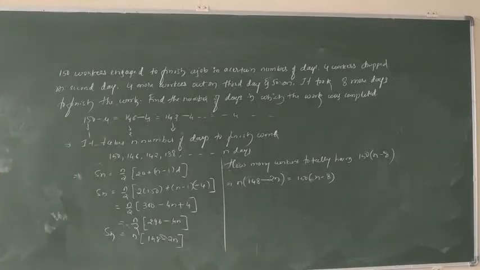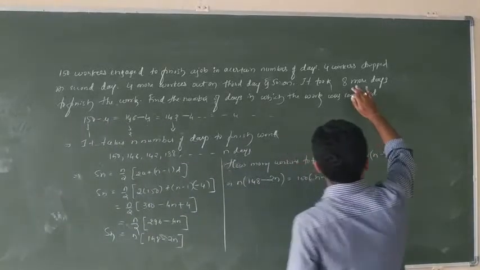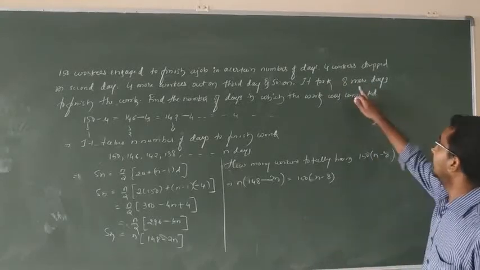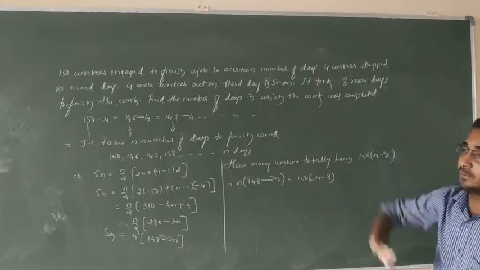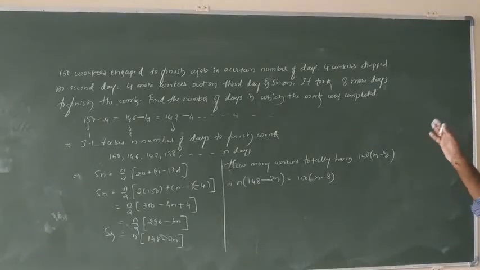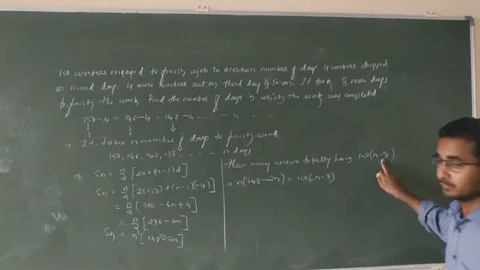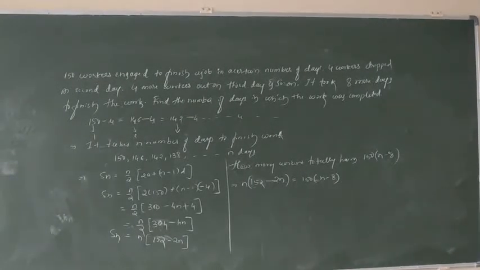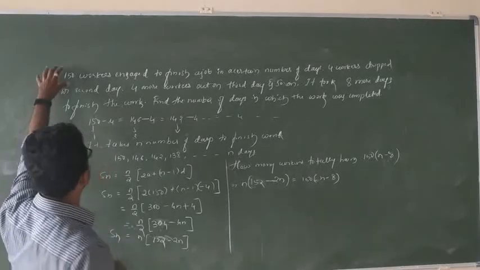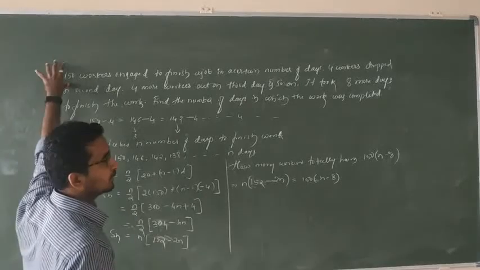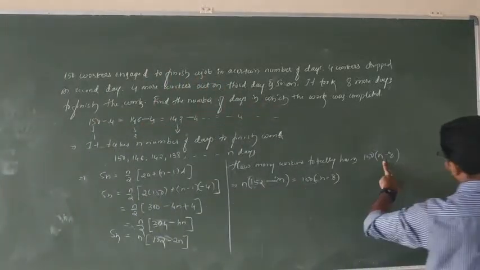Here it is very simple, they have given: if it took 8 more days to finish that work, then with those 150 workers doing hard work, it will be finished before that, in n minus 8 days.